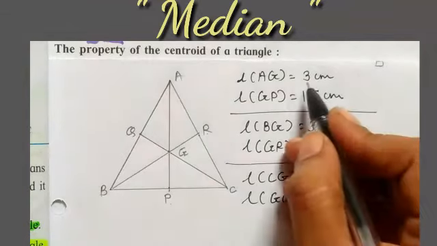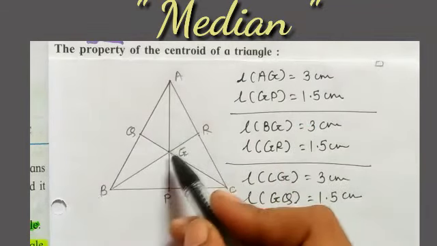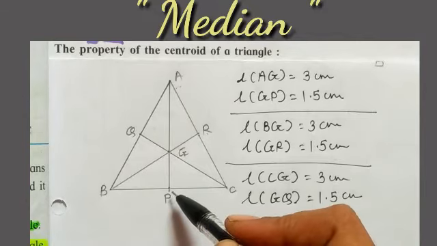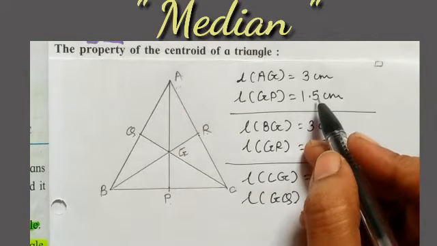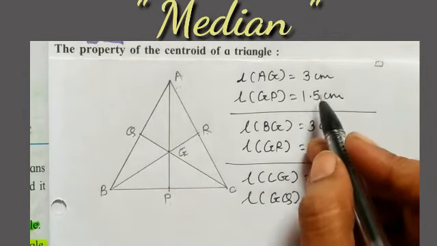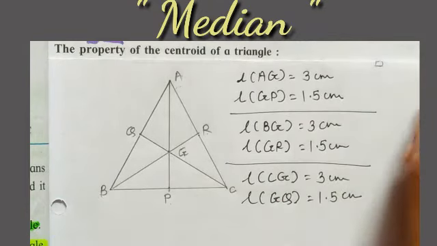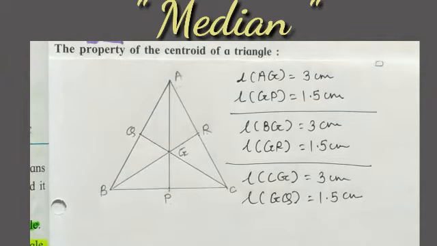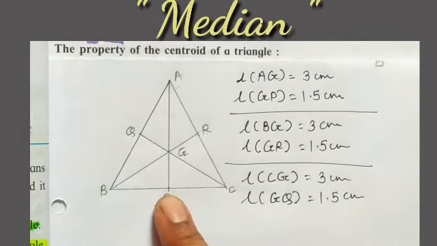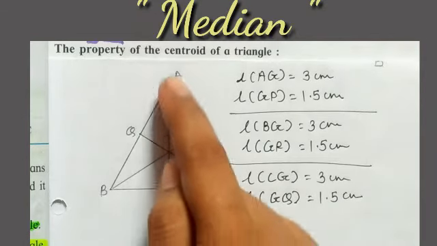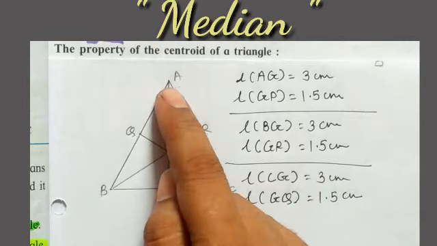So if you observe this point, AG is 3 centimeter and GP is 1.5 centimeter. It means that it is just half of 3 centimeter. It means the part of the median which is near the side of the triangle is just half of the part which is near the vertex.